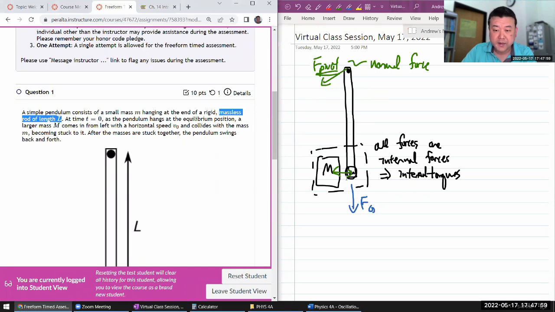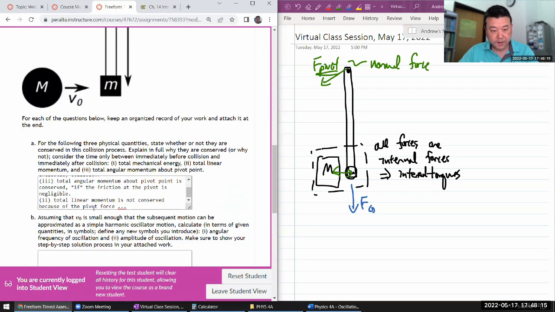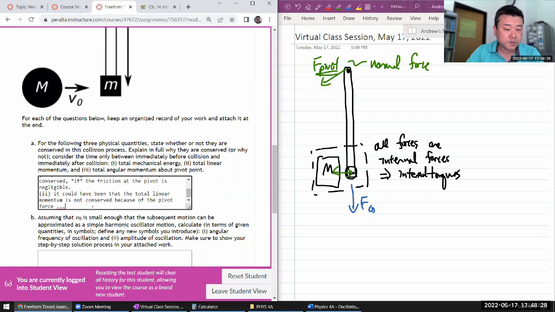So really, in this entire assembly, the center of mass is where this small mass m is. So I think in this special case of this particular collision, the pivot force here ends up being zero. To reflect that, it could have been that the total linear momentum is not conserved in this interaction because of the pivot force, which I'm saying was possible.